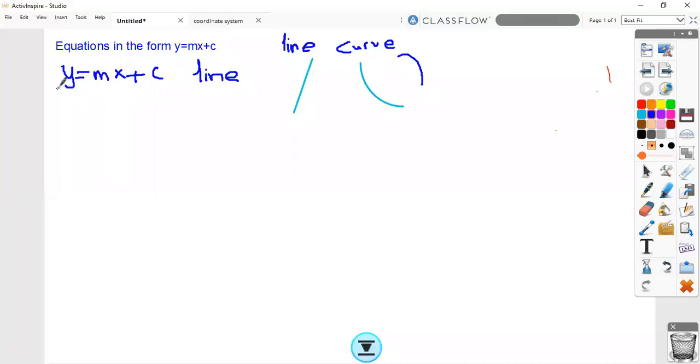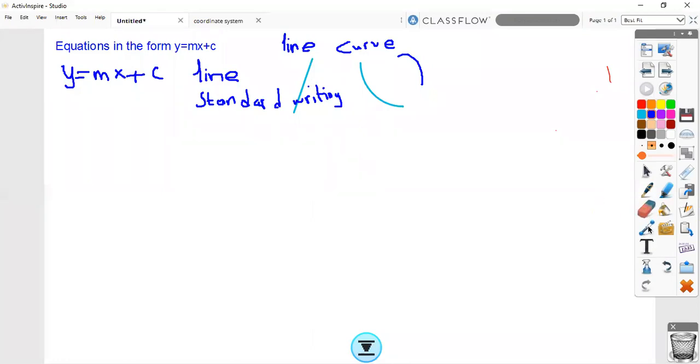Now, if we see the equation y is equal to mx plus c, it defines a line and its standard writing. Standard writing is this one. I'm going to erase the curve from here.